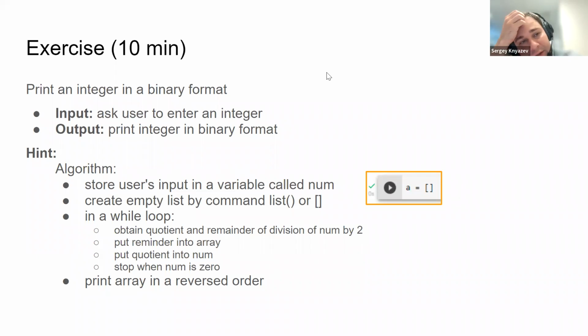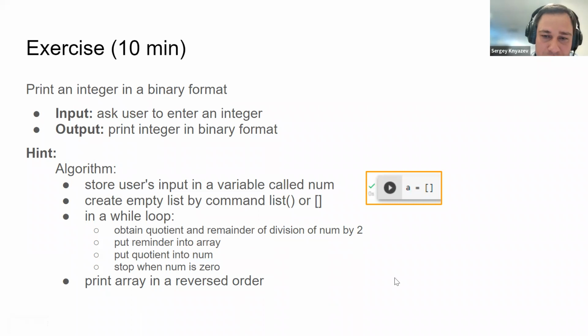Here's your exercise. Print an integer in binary format. You need to ask the user to enter an integer, and as output, you need to print the integer in binary format. Here is a hint. Basically, this is a modification of your code when you determined the number of digits in your integer, right?